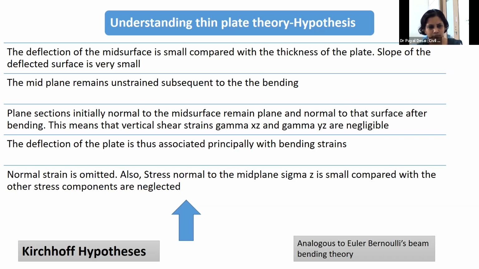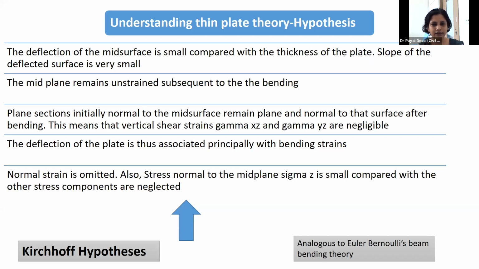So the first assumption in developing the plate theory is that the deflection of the mid surface is so small as compared to the thickness of the plate. So it is very obvious, if the thickness is 0.2, then I am assuming that the deflection of the plate is lesser than that. Otherwise it will become large deflection plate theory, right? So this is the first assumption that we are making, plate theory with small deflections.